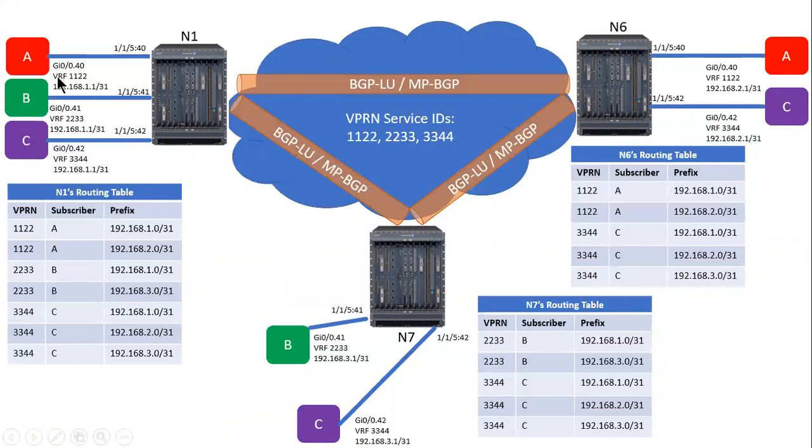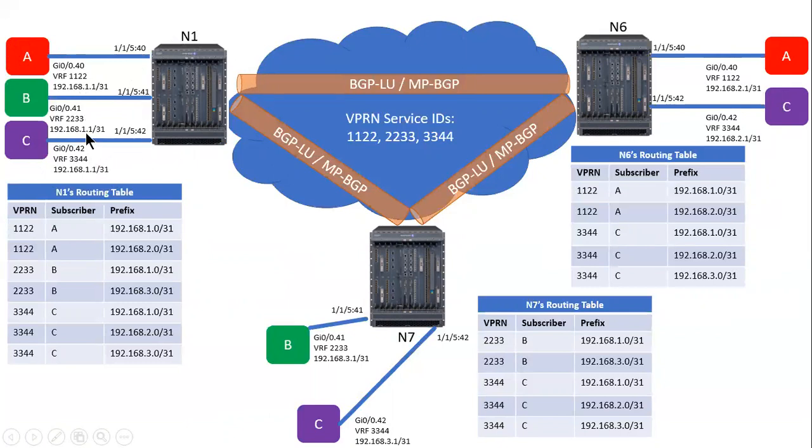So for example, in this particular VRF 1122, our customer router or our customer site has the address 192.168.1.1/31, and it's peered via eBGP with our provider edge router. And our provider edge router, of course, is going to be the .0 of that point-to-point network.